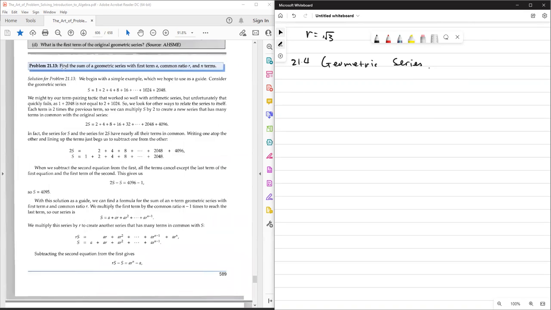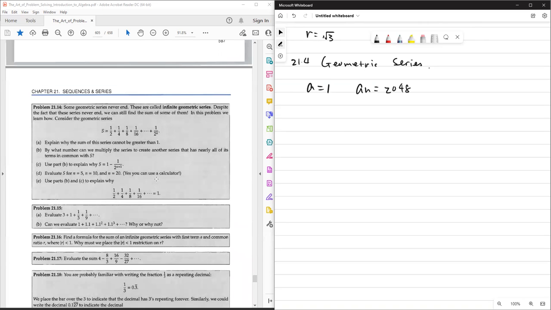Let's just go there. Okay, so find the sum of a geometric sequence with the first term A, common ratio r, and n terms. So the first term A equals 1, and A_n equals 2048 in this case. All right, let's go back.